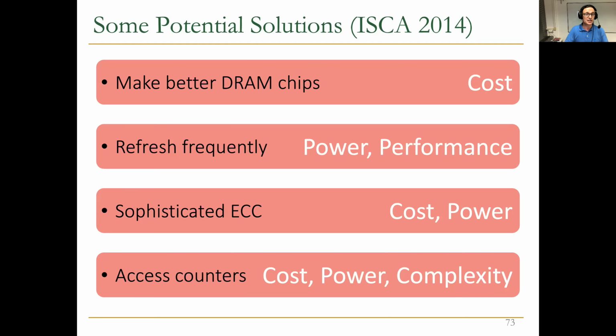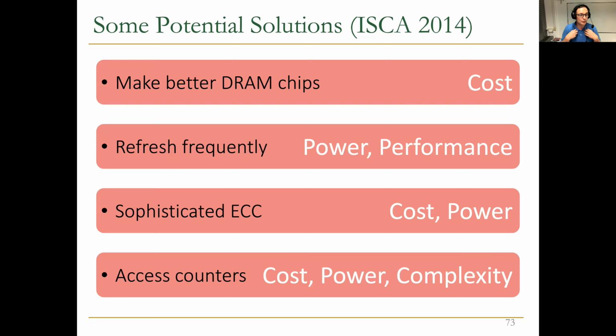So these are some potential solutions, as we discussed: refreshing frequently, making better DRAM chips that better isolate aggressor and victim rows. Cost is a bigger problem over here. Refreshing frequently is a heavy-handed thing to do. Sophisticated ECC is a heavy-handed thing to do also, because ECC, error correcting codes, are very good at correcting random errors that you do not know the cause of, like soft errors.